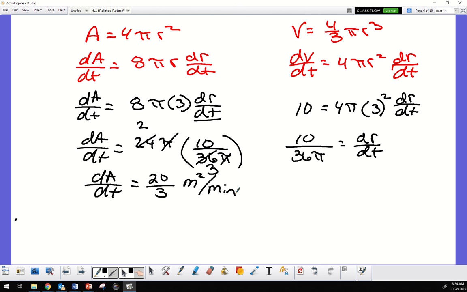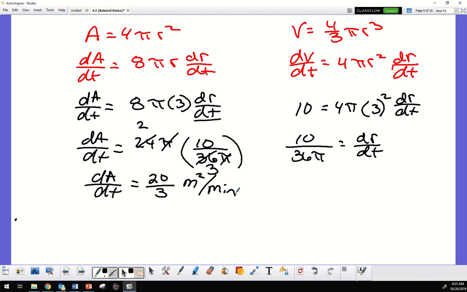So that means that the surface area of the balloon, the rate that it is being increased at, is changing. So at 3 minutes, no wait, radius is 3, right?